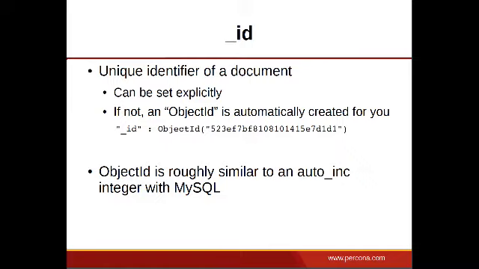Or if you don't do that, MongoDB will automatically create a special type of ID, which is called object ID. And object ID is roughly similar to an auto-incremented integer in the MySQL world, right? And anyway, as underscore ID is the unique identifier of a document, you will always find this field in any document.